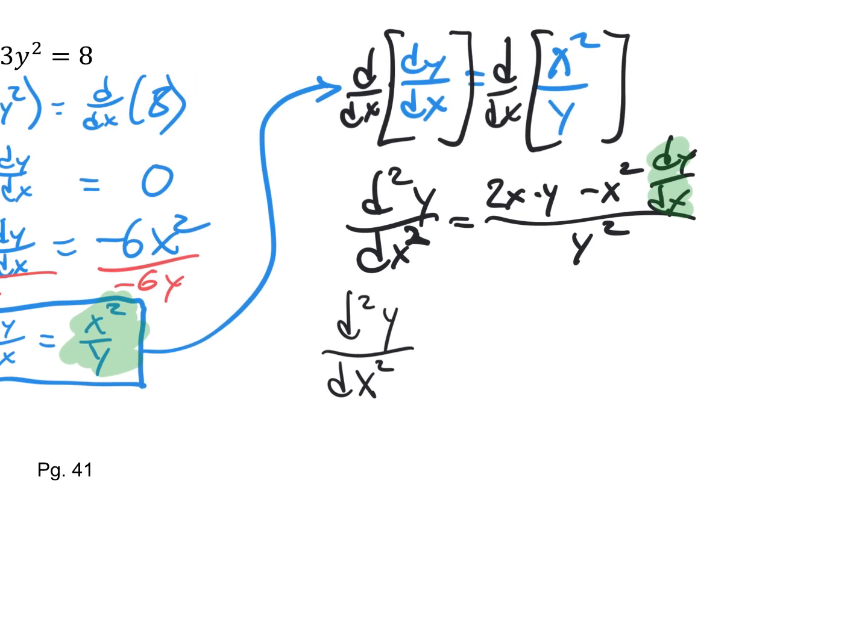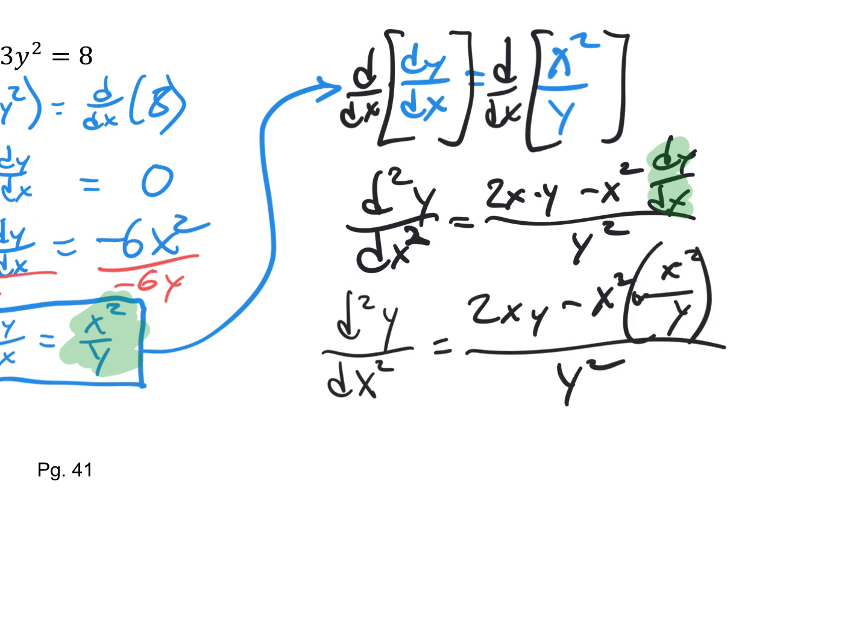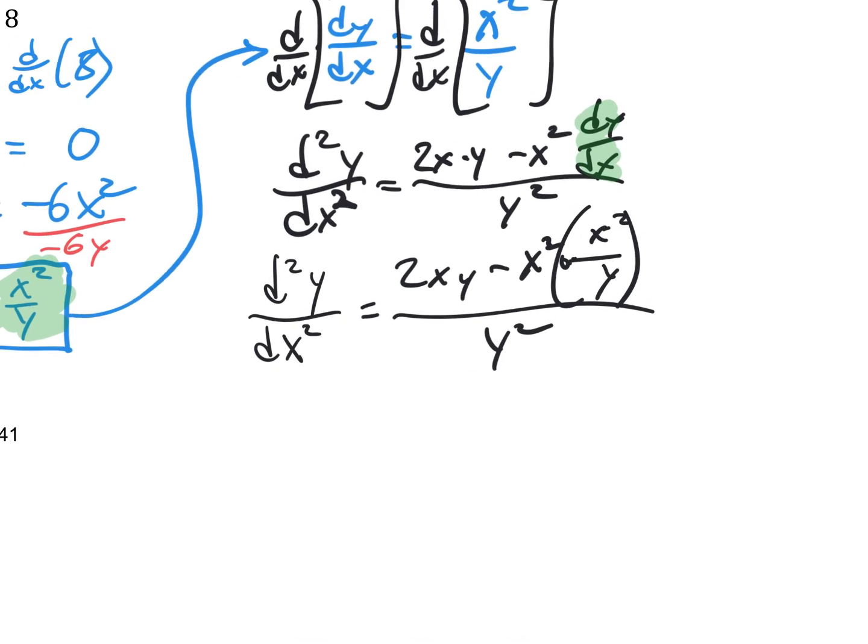So we've got 2xy minus x squared times x squared over y. So we're going to substitute there for dy/dx, all over y squared. And this is 2xy minus x to the fourth over y, all over y squared. We'd like to clean this up a little bit.